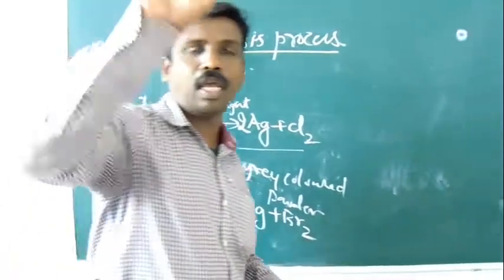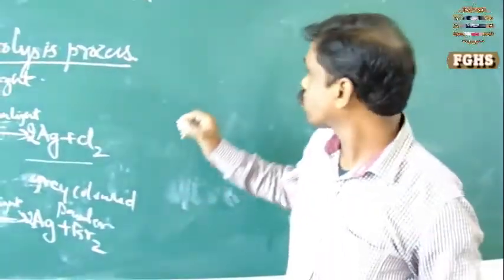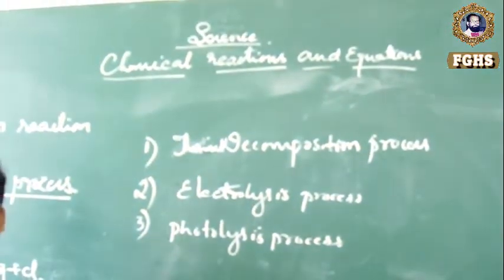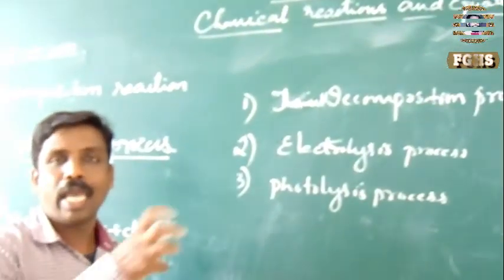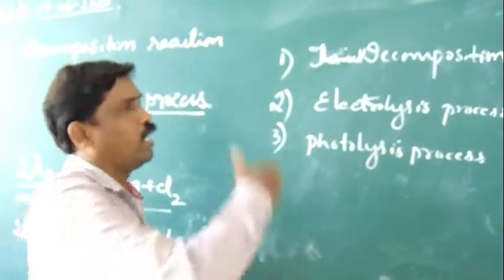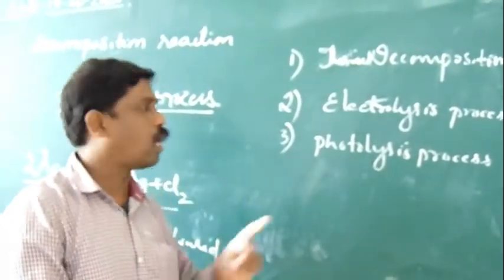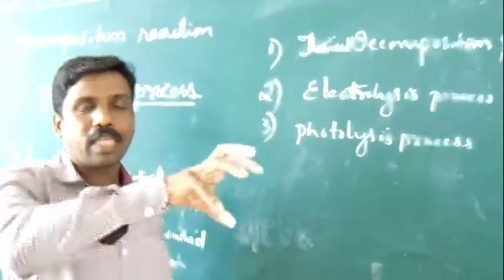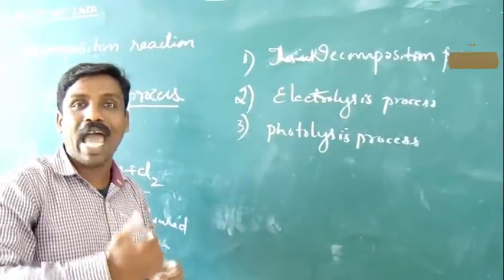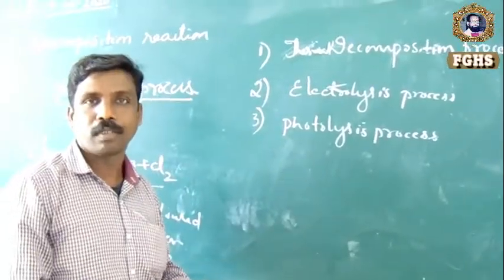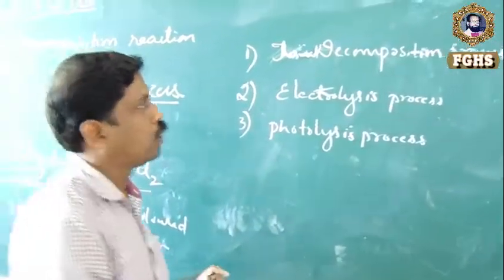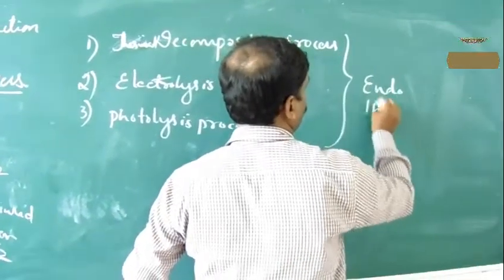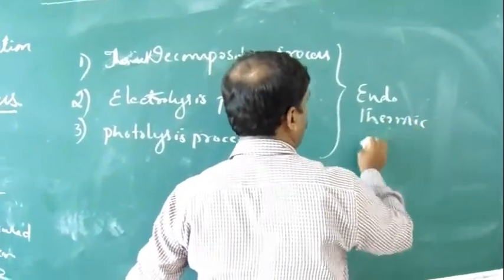Children, in all these processes, energy is absorbed, whether it is heat, electricity, or sunlight. In all these cases, energy is absorbed for the reactant to get decomposed. That is why it is called an endothermic reaction.